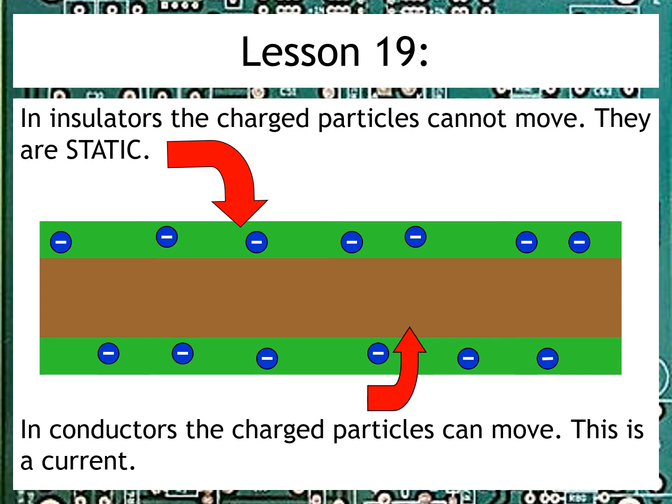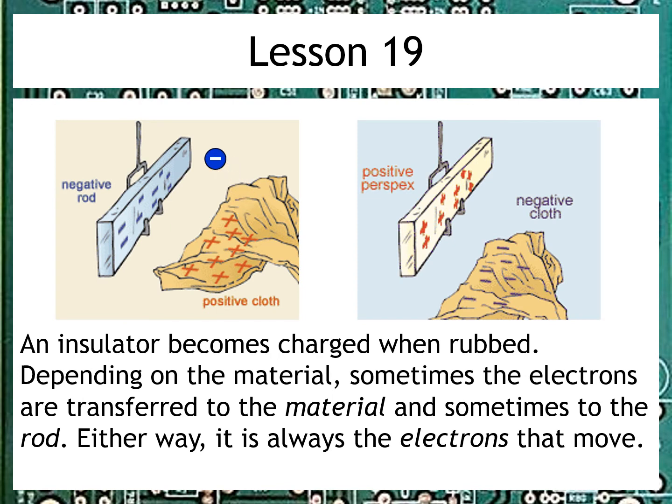That's why we can get a current flowing through a metal, but we can't get a current flowing through something like plastic. An insulator becomes charged when it's rubbed, but you always need the force of friction in order to build up static electricity. It's the electrons that move from one material to another. Remember, in metals, electrons are free, and that's why they can flow as a current. Although they're not free as such in insulators, they can still be moved from one material to the other.